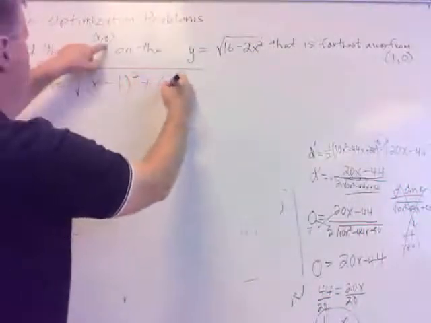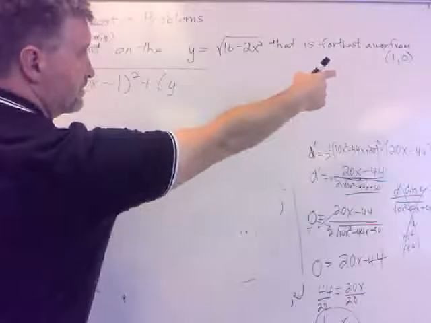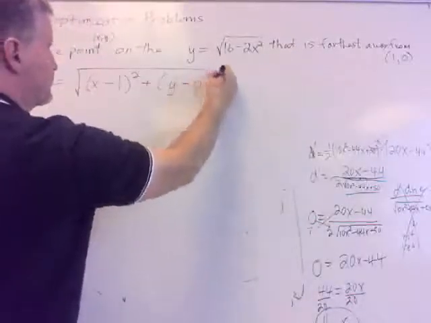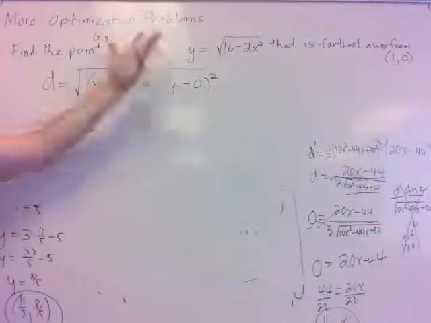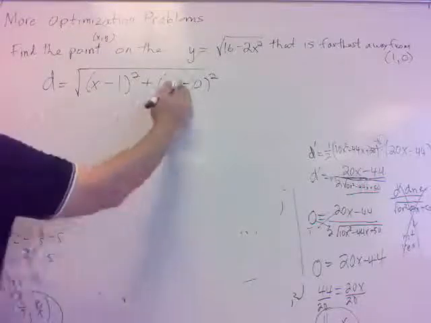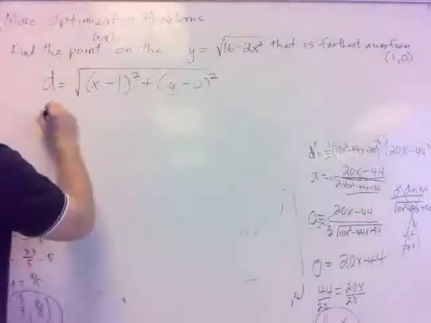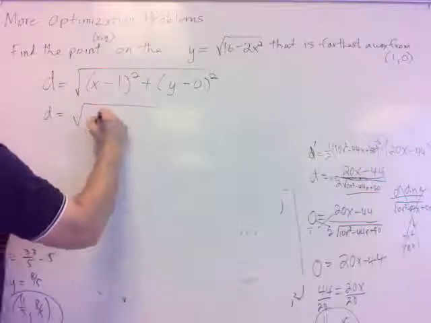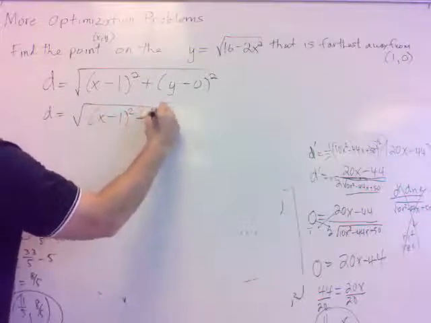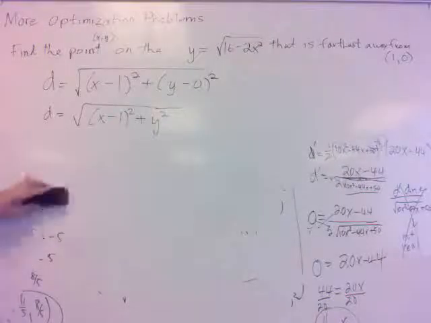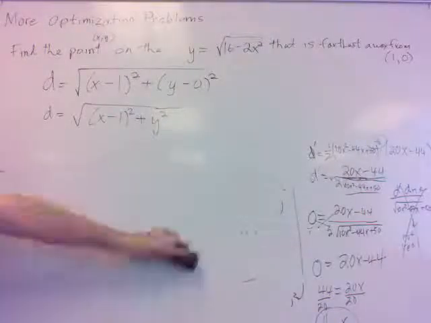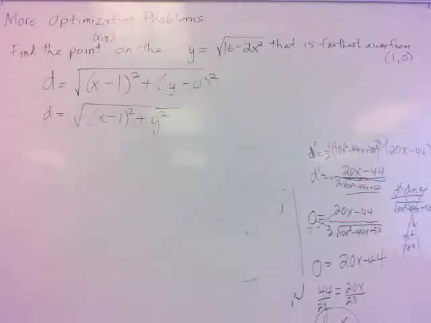The y1 is y, minus the y2 which is 0. And notice that y minus 0 is just y squared, isn't it? Okay, I want to maximize that farthest, maximum distance.